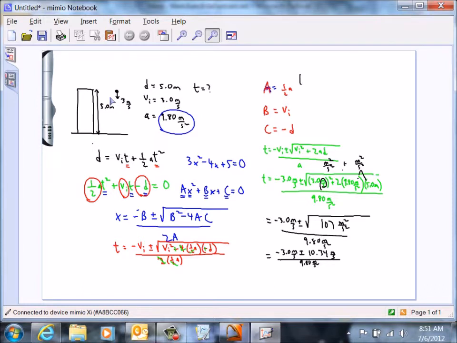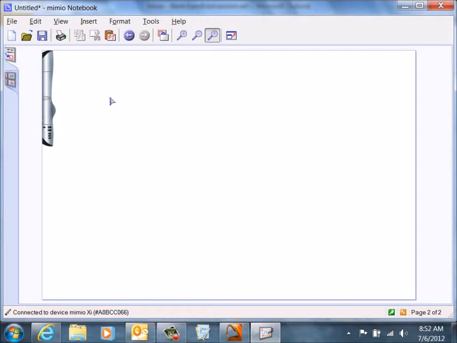The one root is t equals 0.75. I think I'm slightly out of range there, so let me come to a new page and try this again. There we go. T equals 0.75.